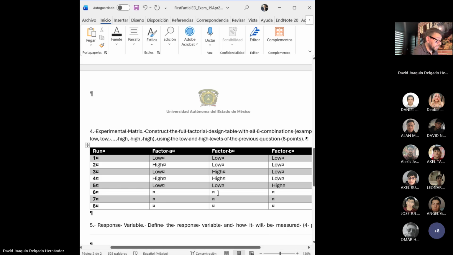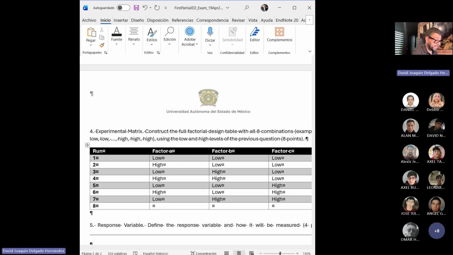Then in the sixth combination, you could put here high, low, high. The seventh, it would be low, high, high.